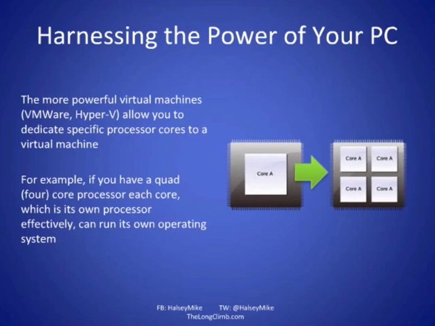Now, the advantage of this is that you don't have one core on your processor doing something for one virtual machine and then doing something for another virtual machine, and getting that pause when it has to stop with one virtual machine, ignore it for a while, and then go on to another.